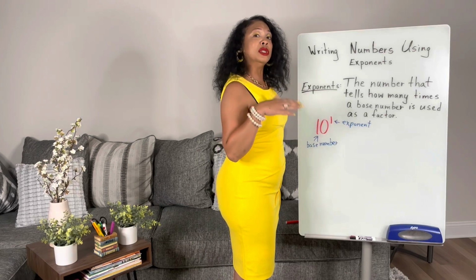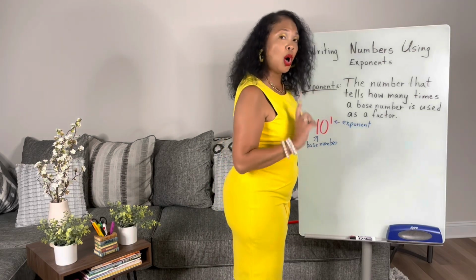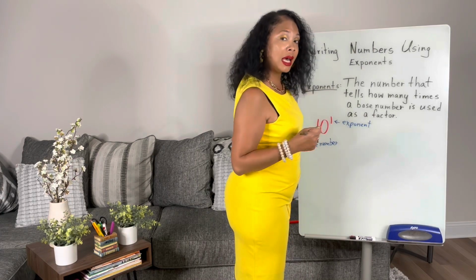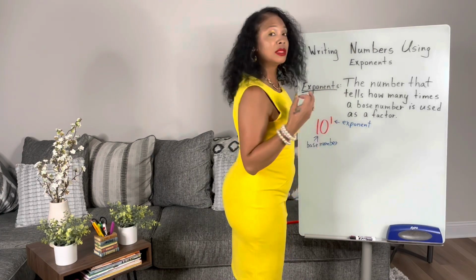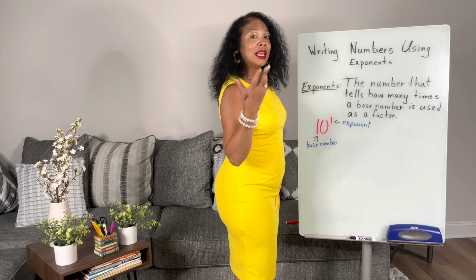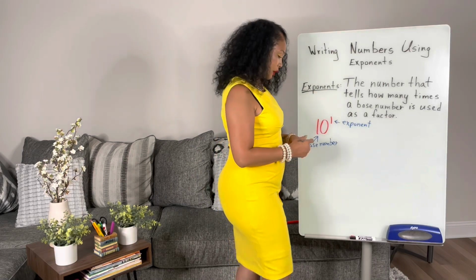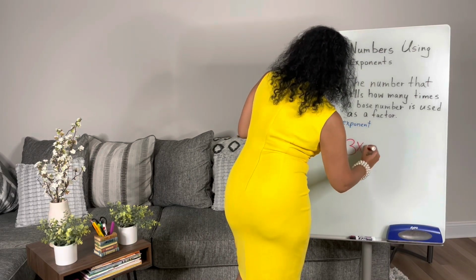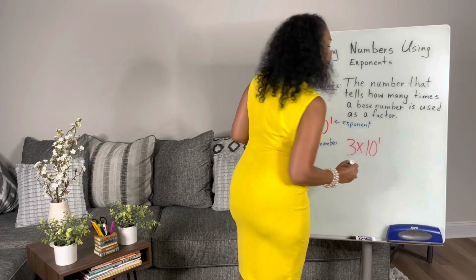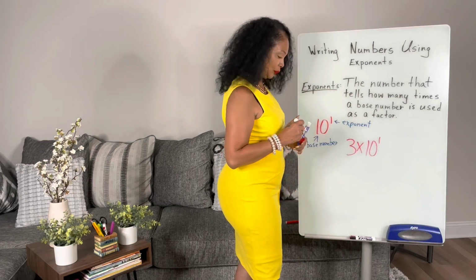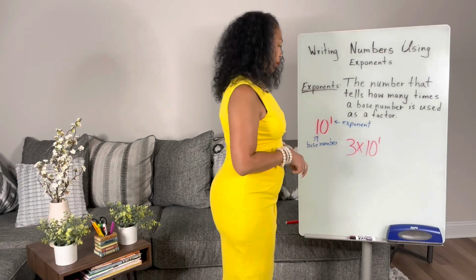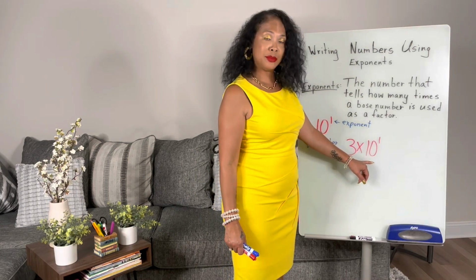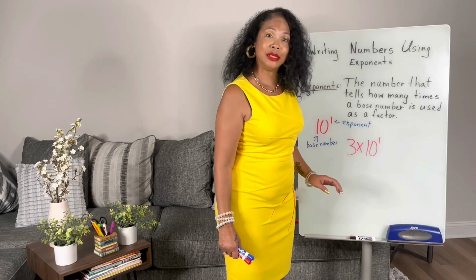But we are going to multiply a whole number times a multiple of 10 with an exponent. So let's use 3 times 10 to the first power as the first example. 3 is our whole number, 10 is our base number, and 1 is our exponent.